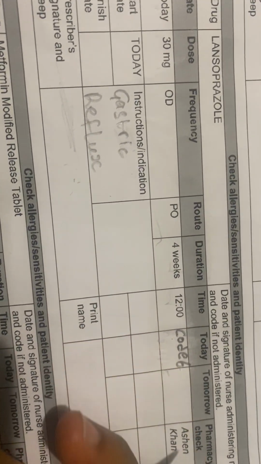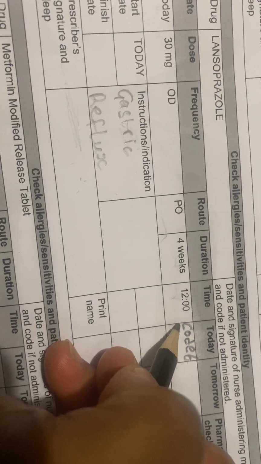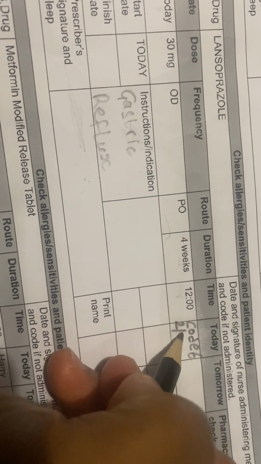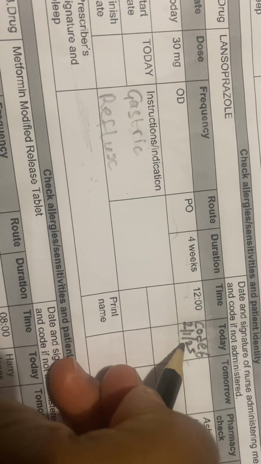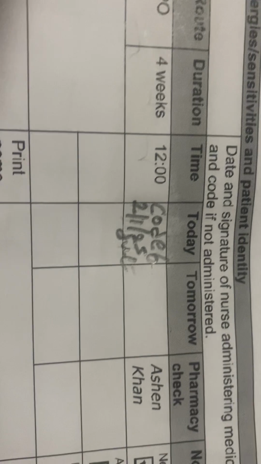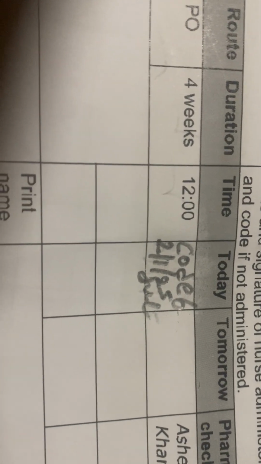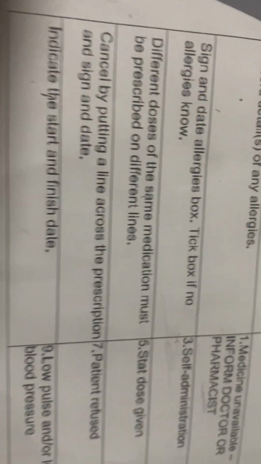Code 6 boldly. Now you write your date, the day of your examination. Let me say 2/1/25. Then you sign with your signature. That is it, guys. See it. You have coded it. Code 6. All right. That is when you are going to use this code. And then let's proceed. Code 7. This is code 7.